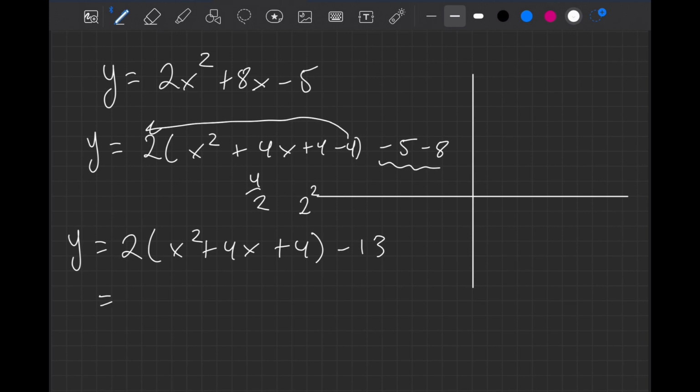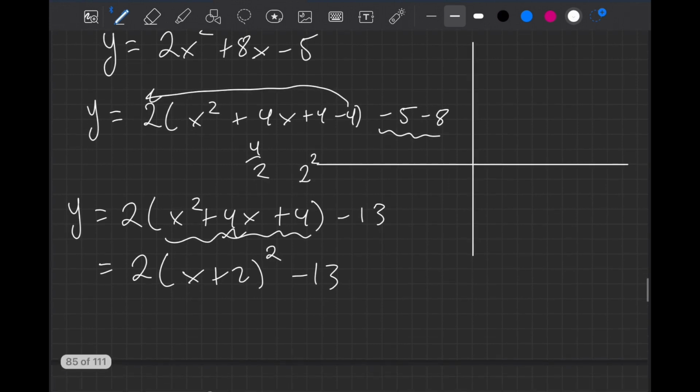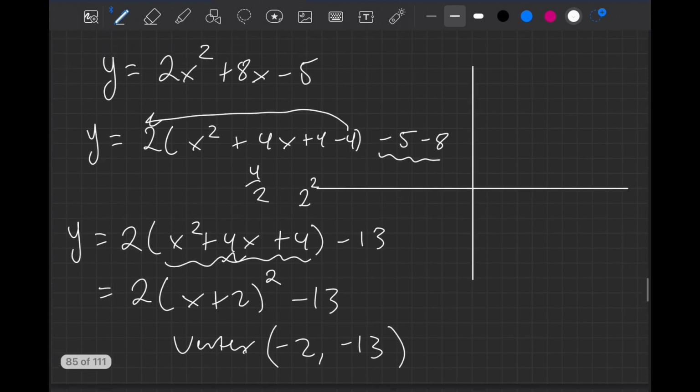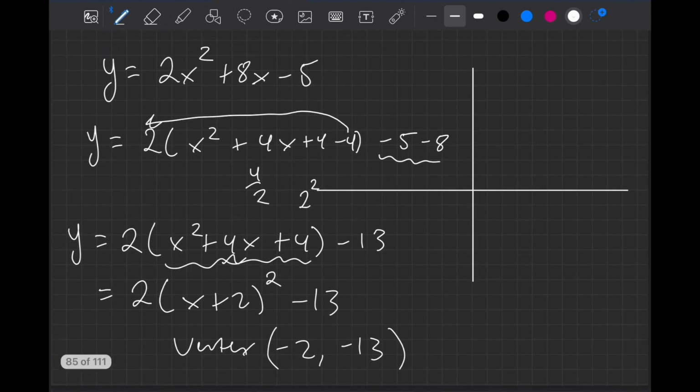And then this is a perfect square trinomial that we have just created, so it's going to be (x plus 2) squared. When you factor it, it's always going to be the middle term divided by 2, and then minus 13. This tells us the vertex is (minus 2, negative 13), and then it has a stretch of 2.